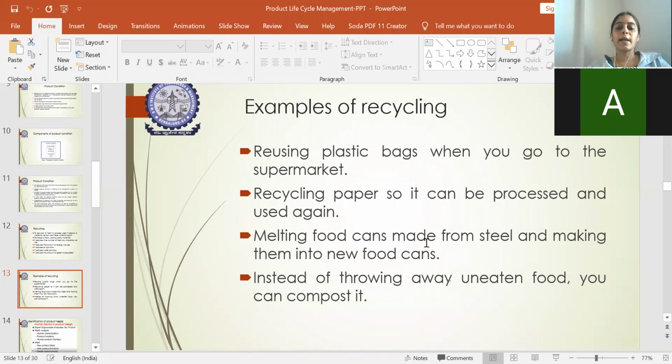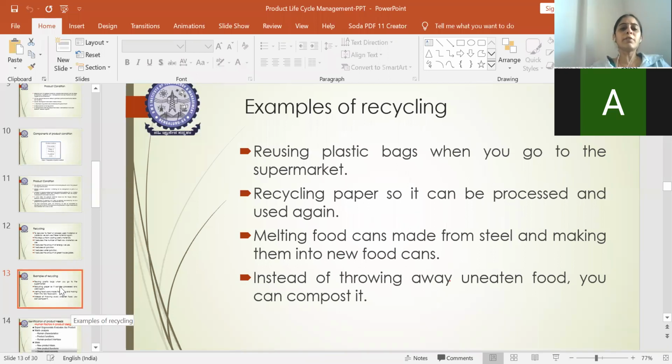And even the food cans which are made from steel, when you use them for a longer run, they get damaged, and the same material could be recycled to manufacture a new food can made up of the steel material again, so that it can be reused. So these are some of the examples for the recycling concept of any product.